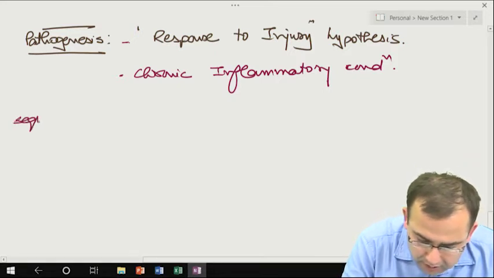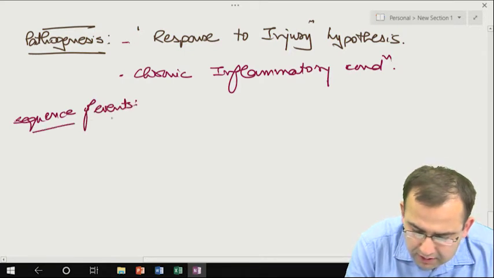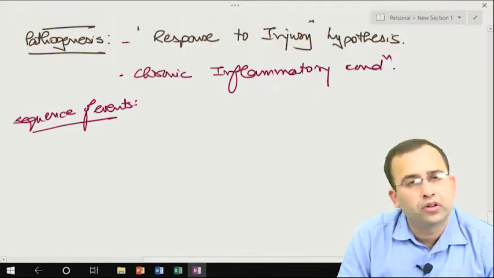For the sequence of events, for third year onwards the top 2 lines are sufficient. For the second years you can be asked a short note on this.